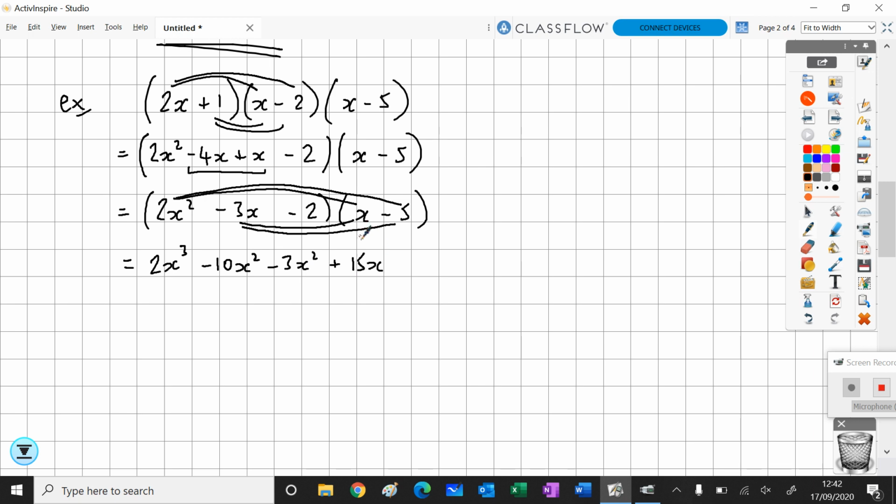Now the lines get a bit untidy, but we need to multiply this negative 2 by this x, and this negative 2 by that negative 5, so plus 10. Now, because we've done these in a consistent order, we actually get terms coming out in a helpful arrangement, because we can see much more easily which terms combine together. And so it's taken us 5 lines to expand that triple bracket.